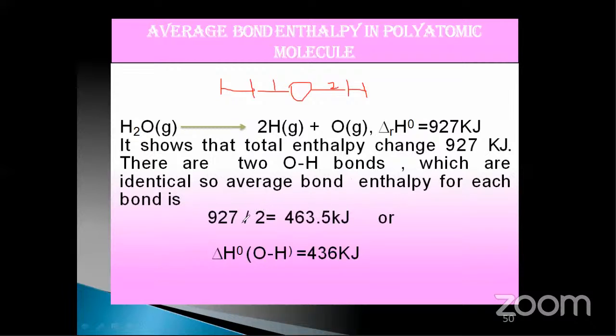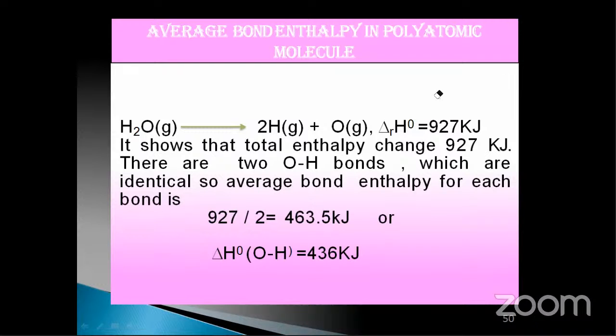So the average of this is 463.5 kilojoules. This is the average bond enthalpy for the OH bond.